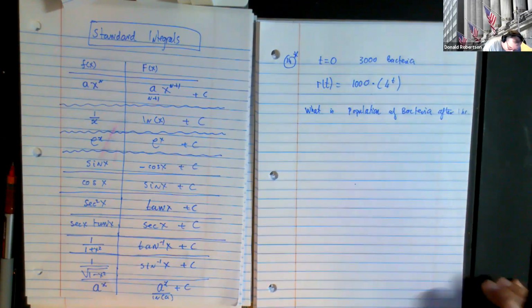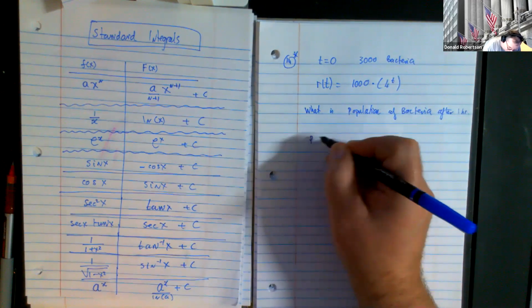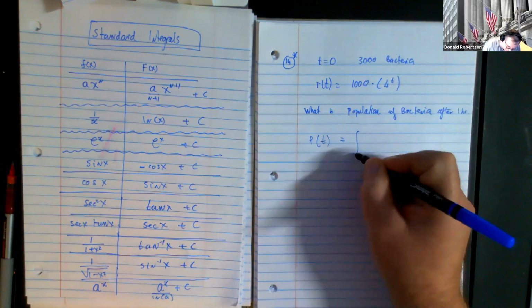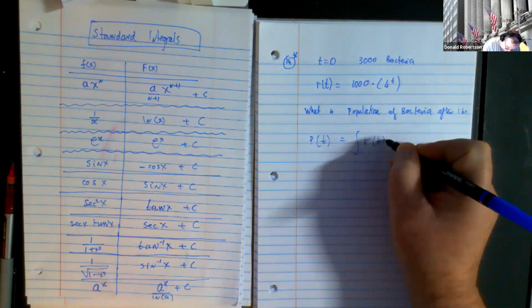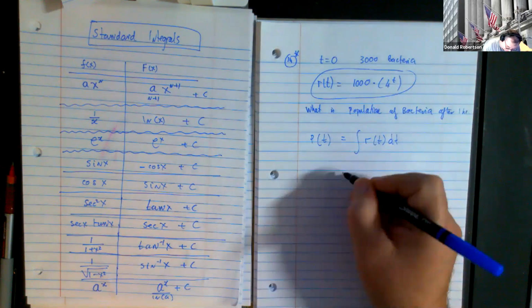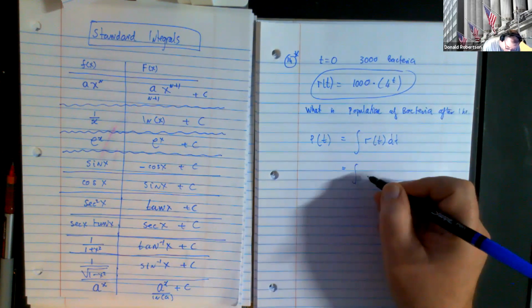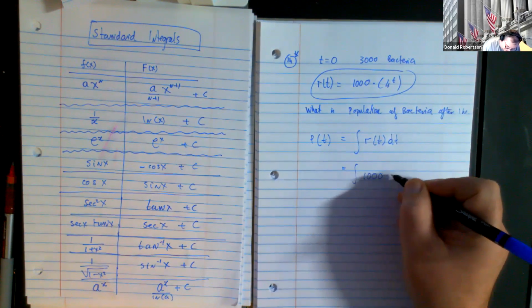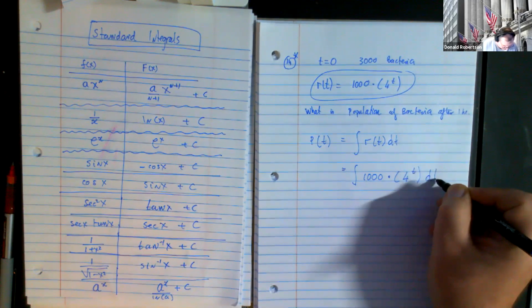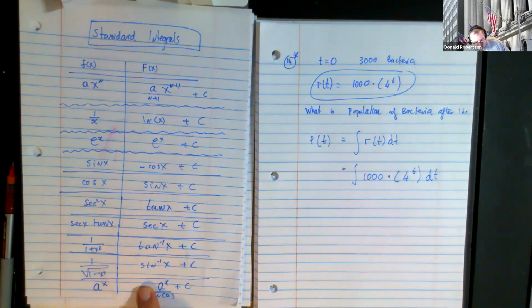Okay. Now, if you want to find the population, I'll call it P of t. It's the integral of the rate function. So we're integrating that guy. 1000 times 4 to the t dt. I'm going to use this guy down here.